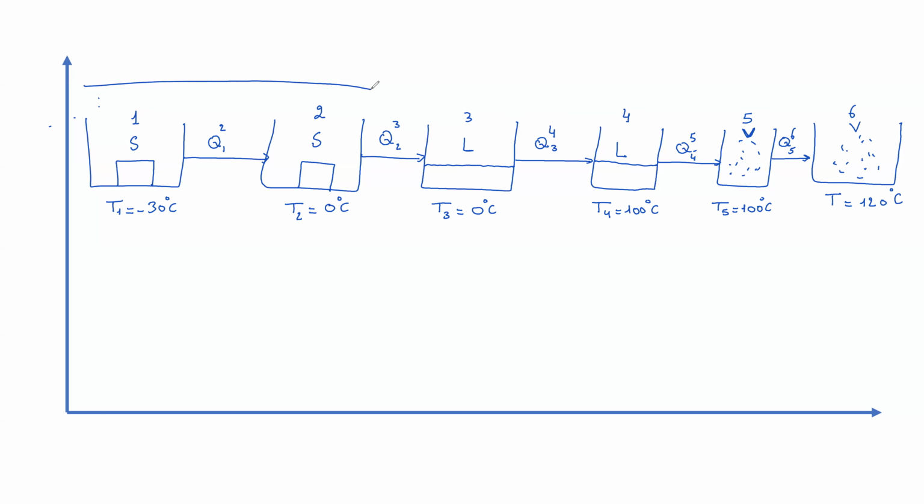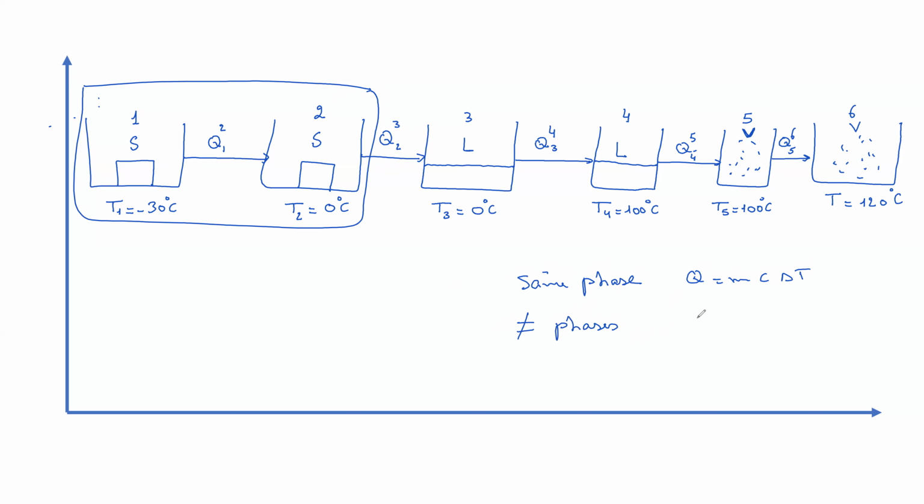The first one, we take these two cases to pass from solid to solid. You know, if we have the same phases, we have the same phase, we use Q equals mc delta T. If we have different phases, we use Q equals mL.